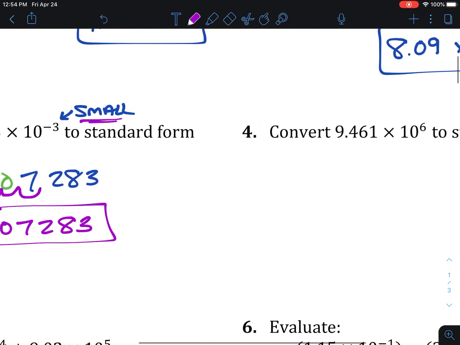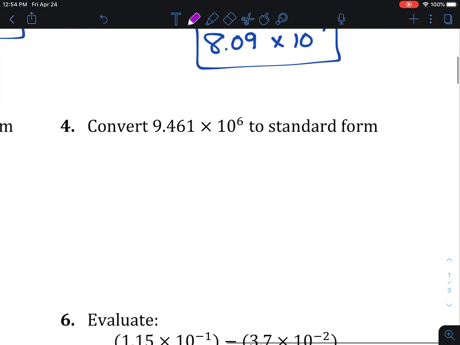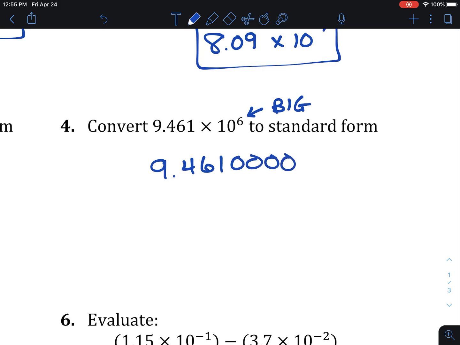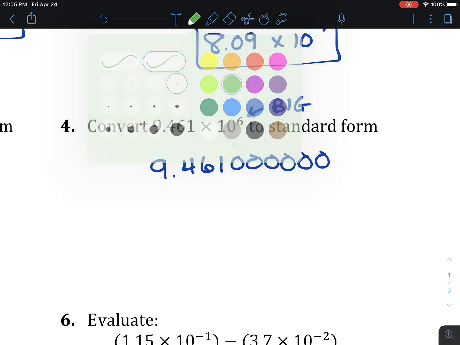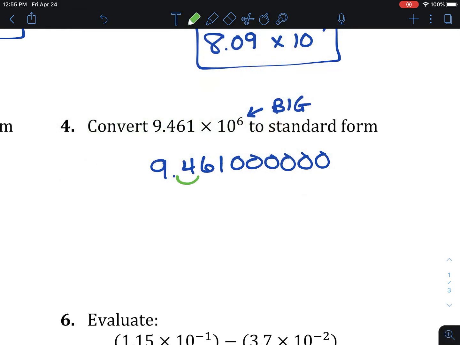And that's our number in standard form, how we normally see numbers. Again, small because it is a negative power of 10. For this one, we've got a positive power of 10, so it's going to make it very big. So 9.461. In order to make it bigger, we're going to move the decimal to the right. So we're going to add a bunch of zeros to the right. If you ever run out of space, just add more zeros. We're going to move this decimal 6 times. 1, 2, 3, 4, 5, 6.